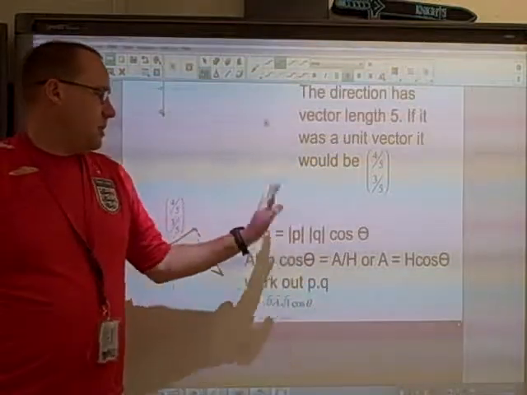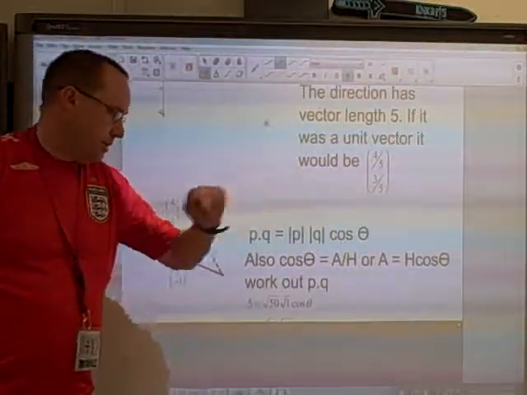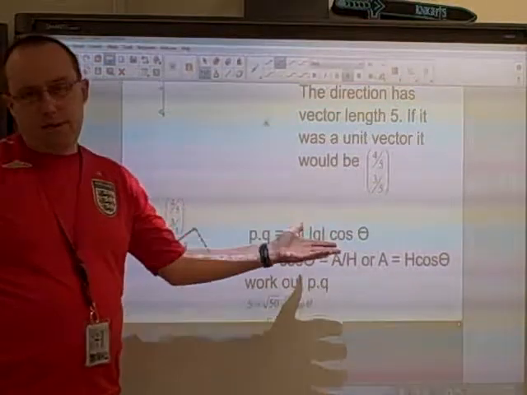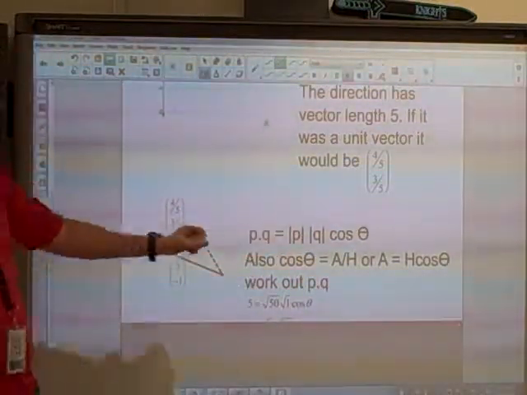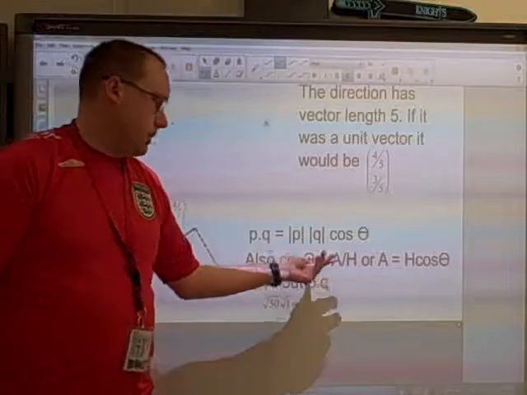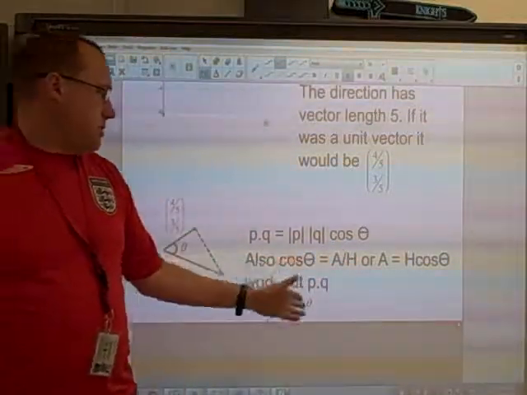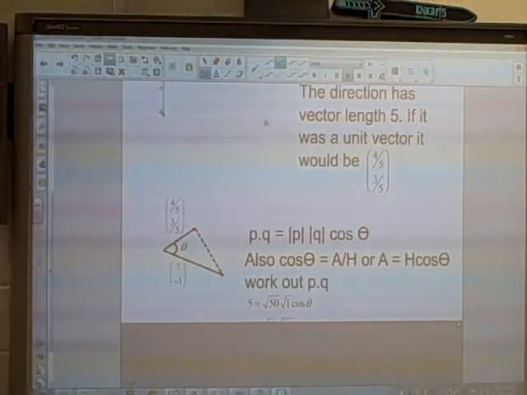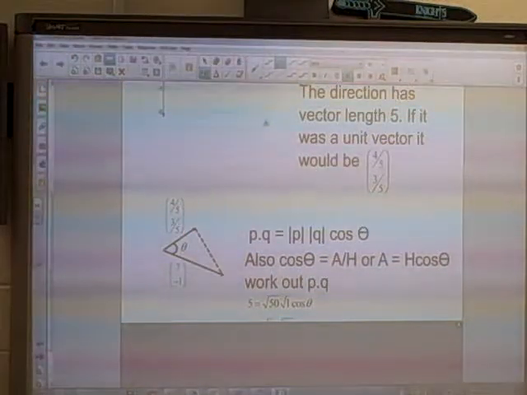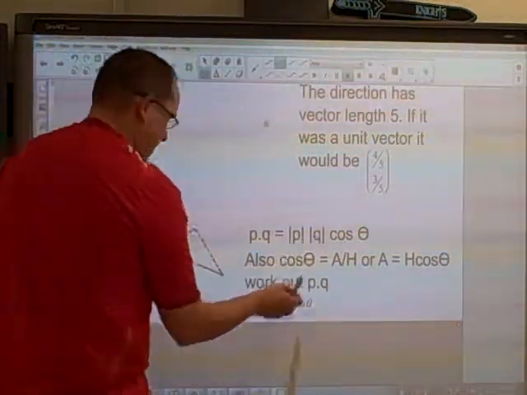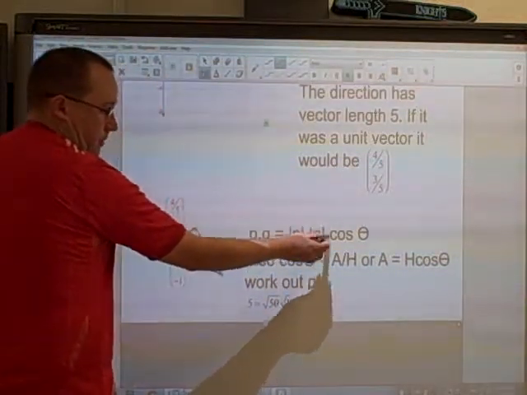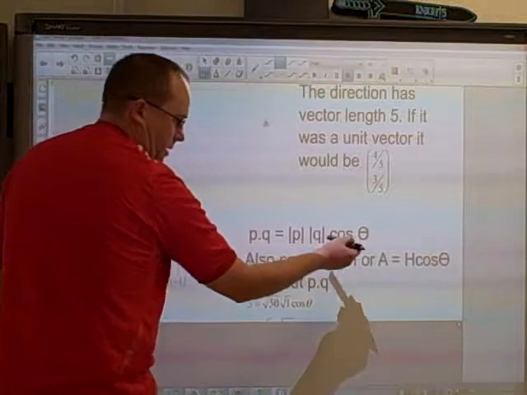So P dot Q equals absolute value P, absolute value Q, cosine theta. Remember from definitions, and this is the part that you don't really need to understand, but you're going to be using, cosine theta also equals adjacent over hypotenuse. So you could say that the adjacent equals the hypotenuse times cosine theta. Now notice that this is our hypotenuse, the length of one of the sides, and this is cosine theta.